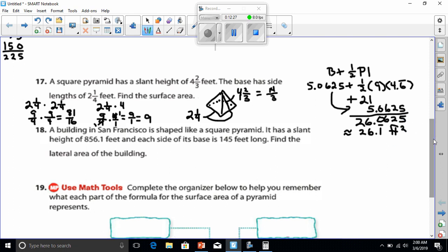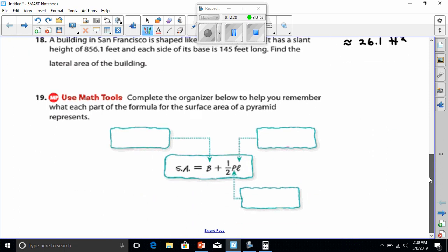All right, I'm off to number 19. It says complete the organizer below to help you remember what each part of the formula for the surface area of the pyramid represents. First part points to the B, and we know that's the base, the base area.